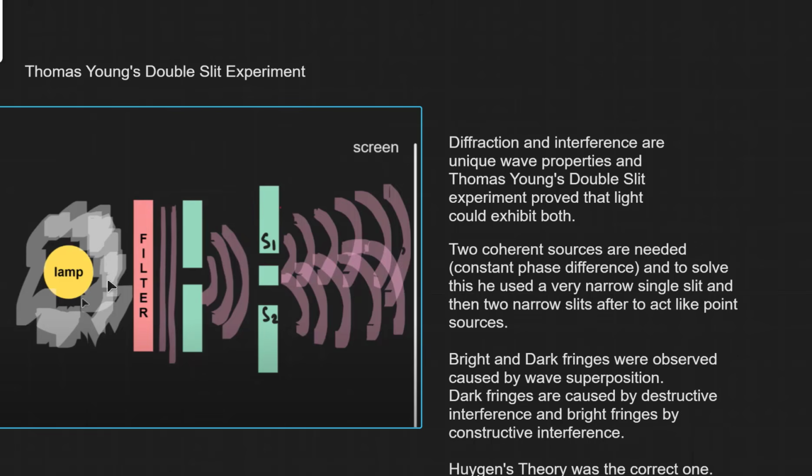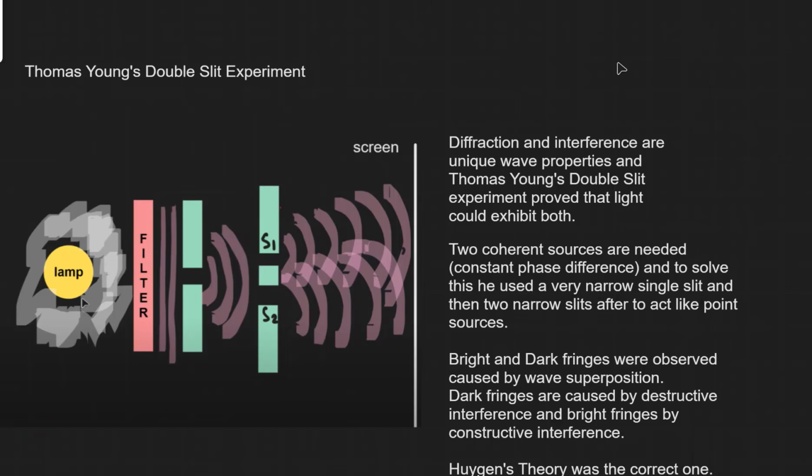We have a lamp that goes through a filter so that it's more or less monochromatic, and then we need coherent light sources. So Thomas Young actually managed to produce a very narrow slit. So this here is a narrow slit, and this property of light is diffraction.